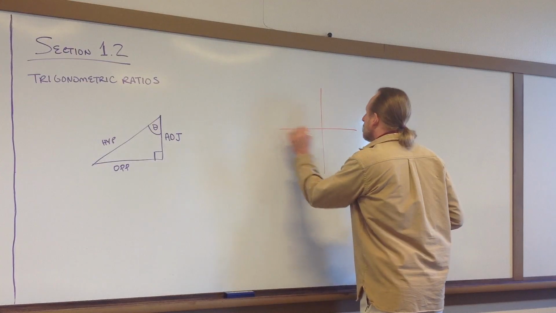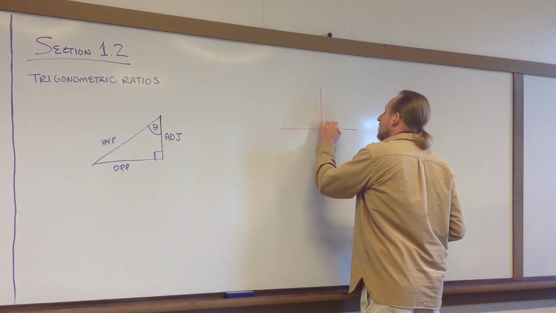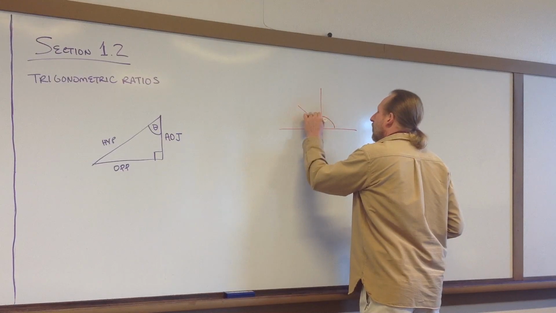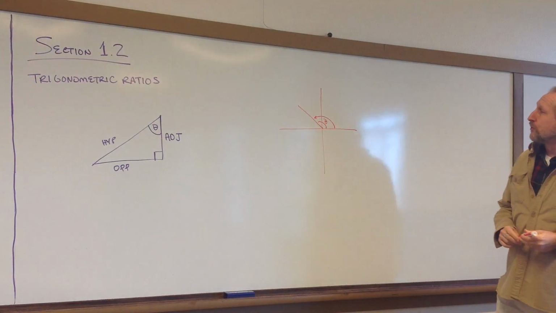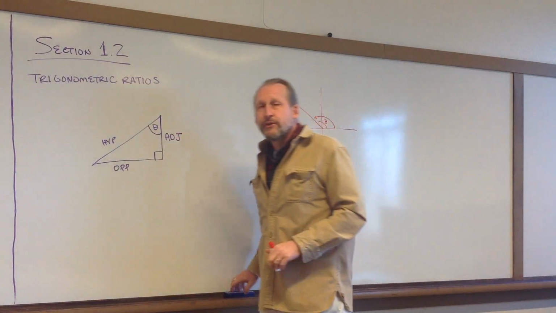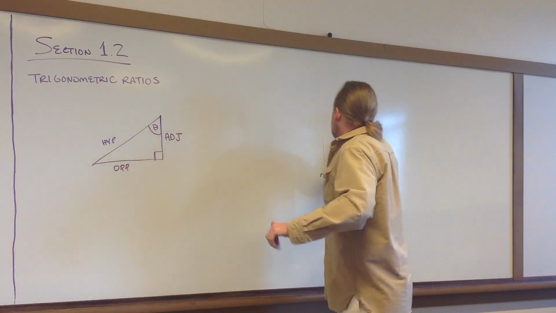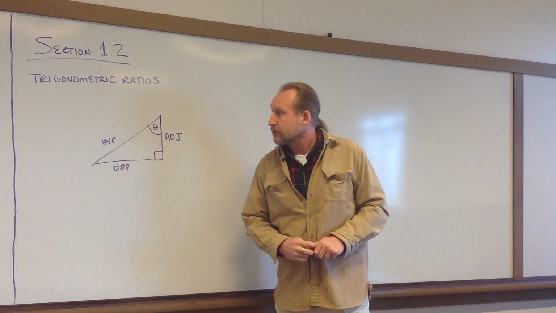And so in chapter 2, we'll look at angles as they rotate away from the positive x-axis, and our angle will be there. We'll talk about that more in chapter 2. I'm going to start off with right triangle trigonometry, and then we'll expand those other considerations as well.